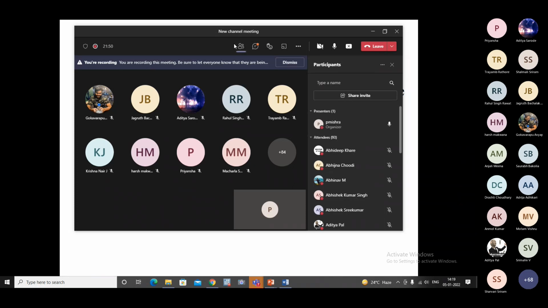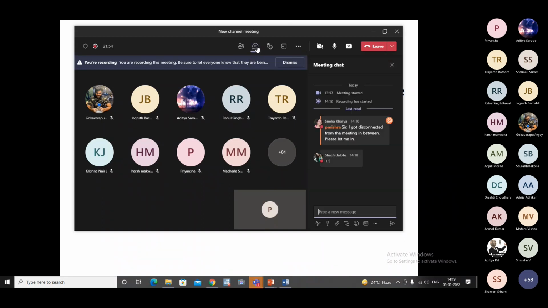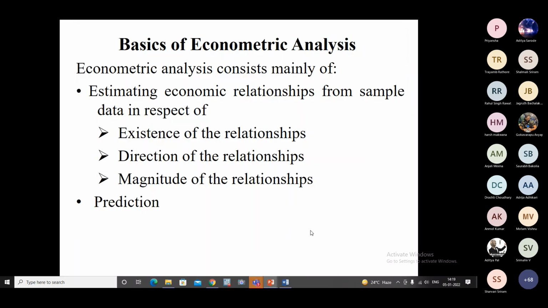I'll give another example. Okay. So I'll give another example, which would be very, very important to understand the role of magnitude while estimating econometric relationships.